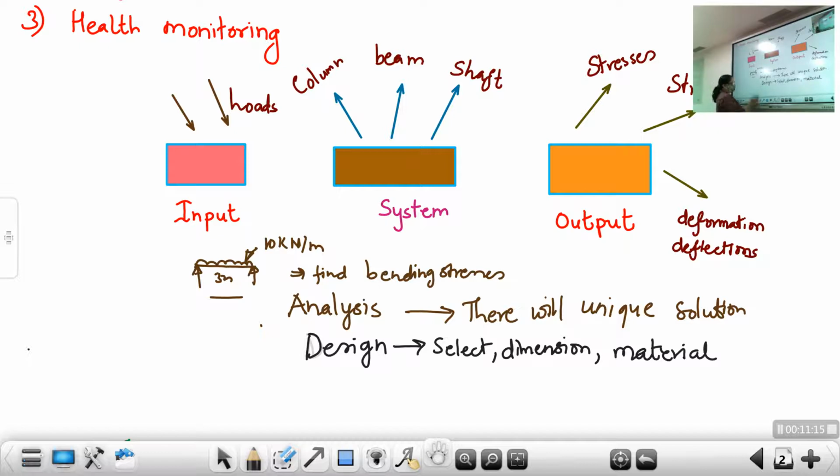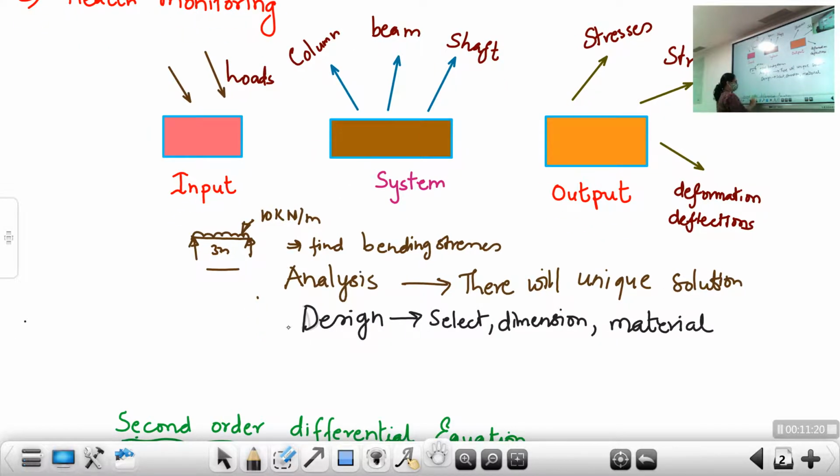So how is it different from the analysis problem? In analysis there is a unique solution, whereas when it comes to design, there will not be a unique solution.